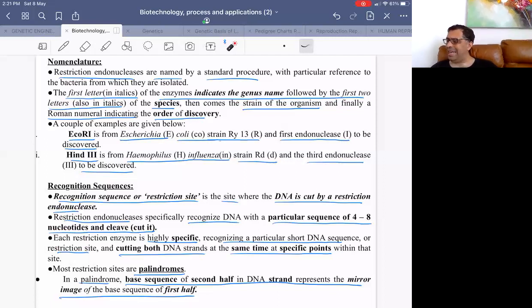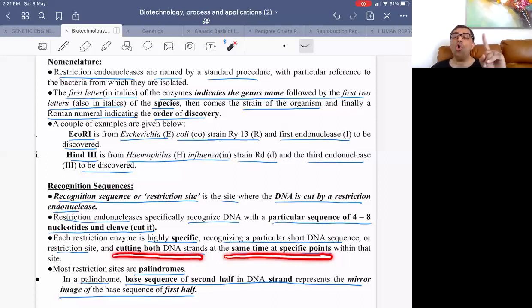And those restriction sites are particular sequences of 4 to 8 nucleotides. Each restriction enzyme is highly specific and it recognizes a particular short sequence of DNA and cuts both DNA strands at the same time at specific points.